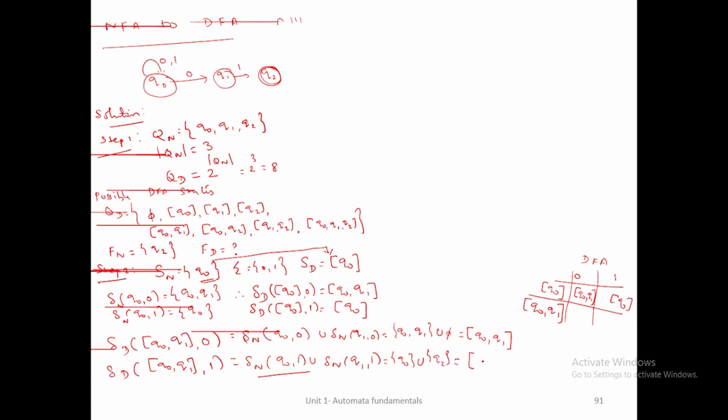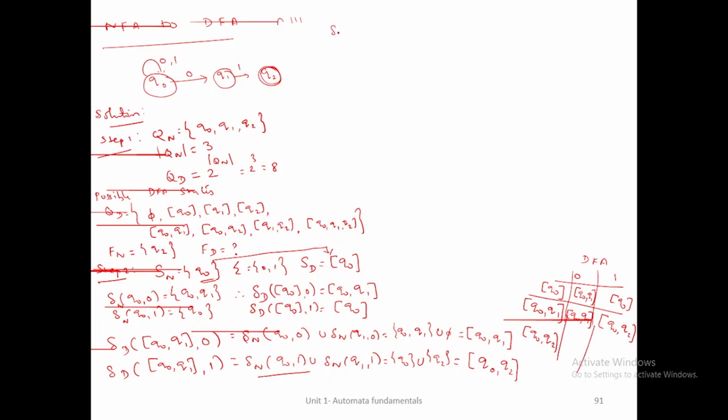But we should write it as a DFA state, so that should be written within square bracket. This is the DFA state for Q0, Q1. For 0, it is the same state, Q0, Q1. For 1, it is Q0, Q2. So the new state is Q0, Q2.